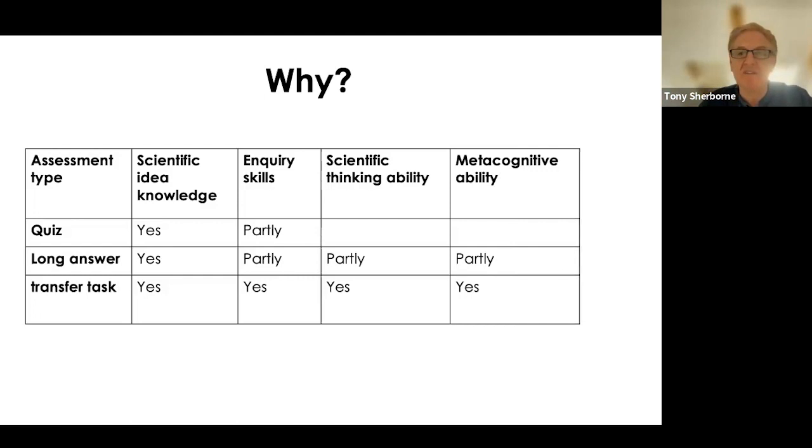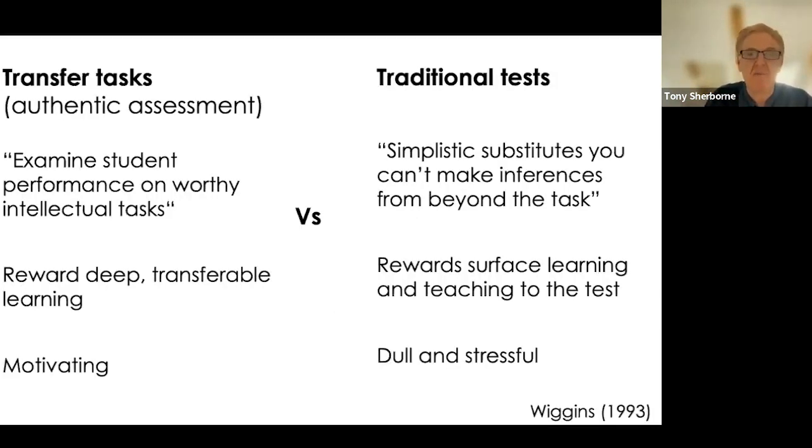So if you've got quizzes and basic tests, you're very good at assessing the basic knowledge and some conceptual ideas. If you've got longer answers, you can assess the scientific thinking and some metacognitive ability, but they're not very real, right? If you want to integrate all those skills into a task, that's what we call a transfer task.